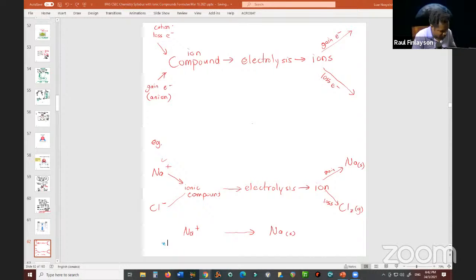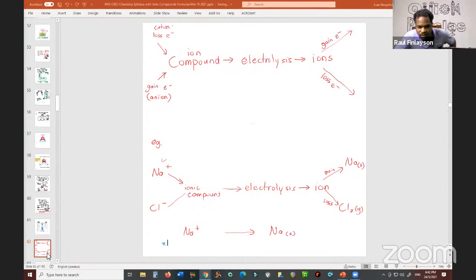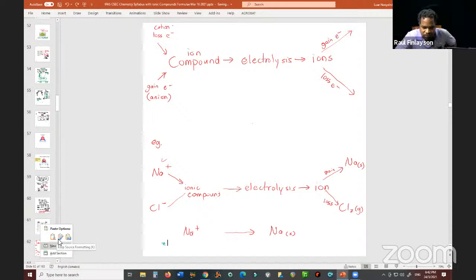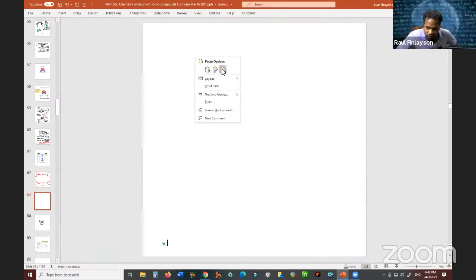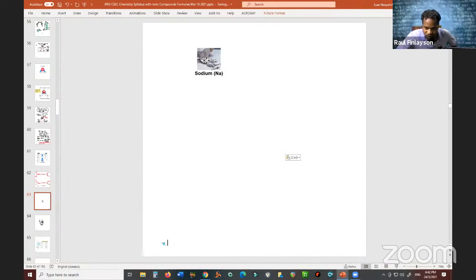Sodium metal bonding with chlorine changes both of them. They don't look anything like what they were originally. So let's see how these changes take place. This will help you understand in real life what you expect to be formed.